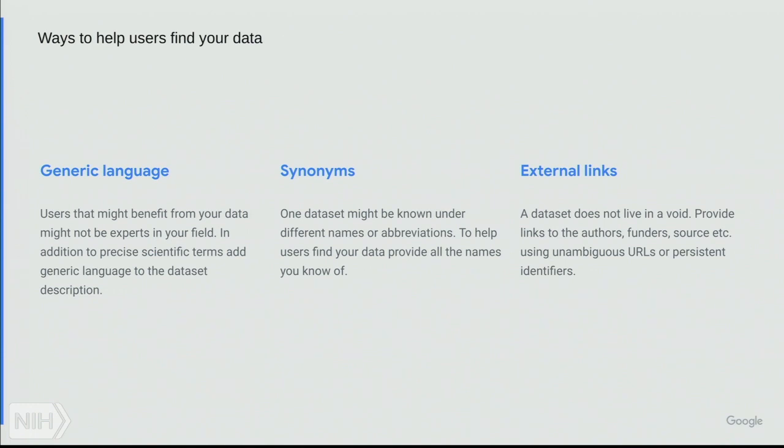And then certain data sets might be known under different synonyms. Providing those synonyms and abbreviations also helps linking data sets, and helps us find data sets in literature. And finally, linking the data set to external entities is also very useful for building a richer picture of not only the data set itself, but also how this data set relates to other data sets, who funded the data sets, and what are the authors and the organizations involved in it.